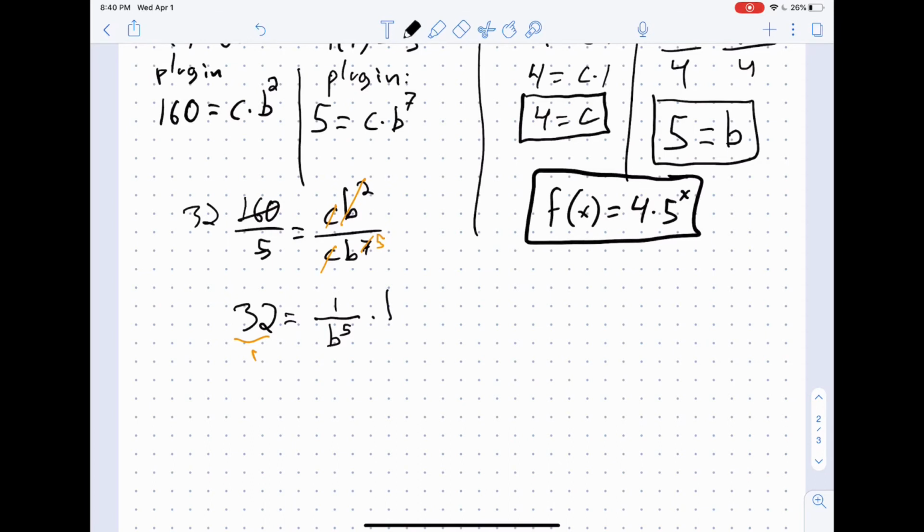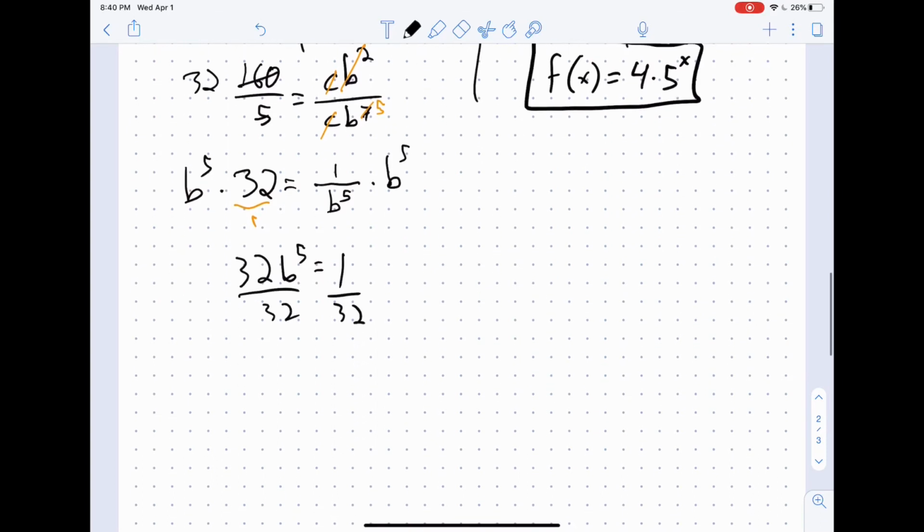So if we say this is times b to the 5th and times b to the 5th, then on the left we get 32b to the 5th, and on the right everything cancels and we just get 1. Okay, working to get the b by itself. Now, I'm going to divide both sides by 32. So we have that b to the 5th power is equal to 1 over 32.